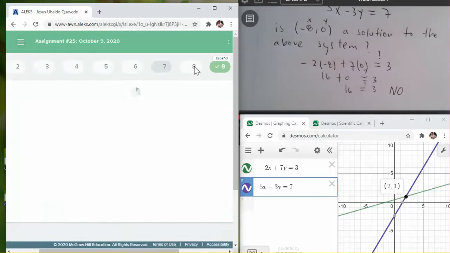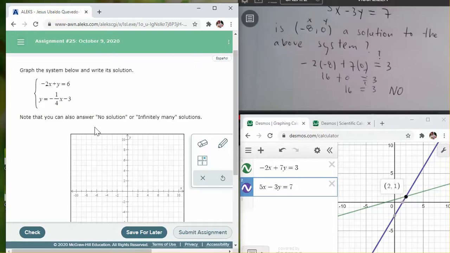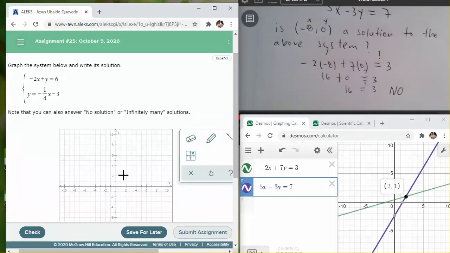Let me see number 8. Those are the ones about graphing. So in this case, they are not asking me for a solution. As they say graph, we're supposed to graph the equations here. There are multiple ways that we can do the graphing, that we have studied.